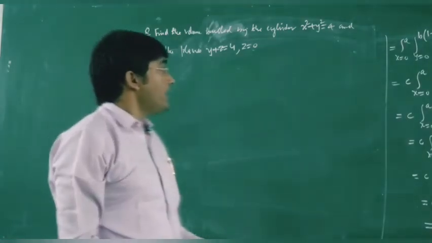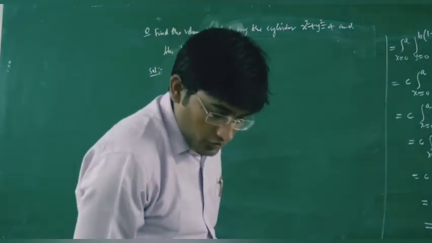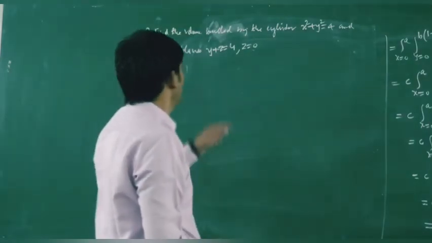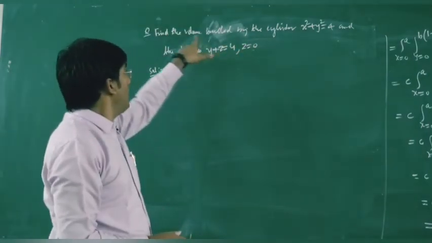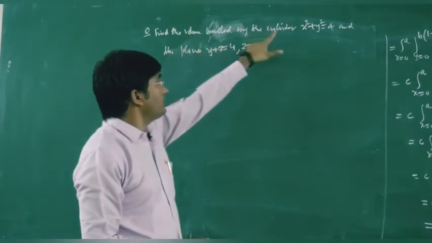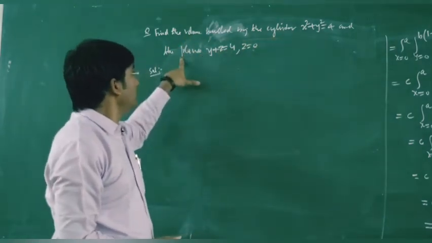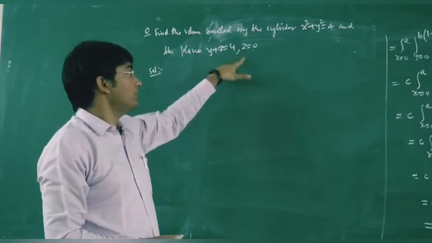Solution. Here we have to find out the volume bounded by this cylinder and by these 2 planes.